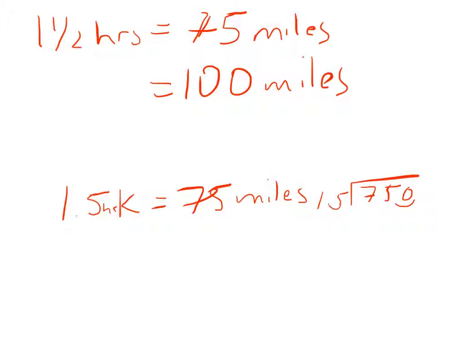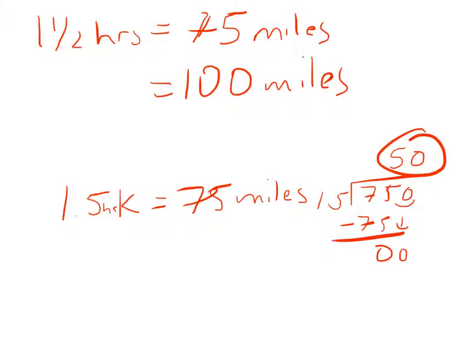So 15 into 75, that will equal 5. It'll be 0, bring down the 0, so that'll be 0. So she's traveling at 50 miles per hour. So the k, the constant, is 50 miles per hour. So y equals 50 times x, whatever number you want to put in there.